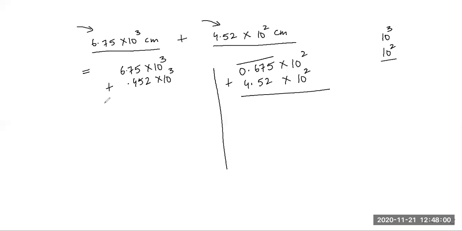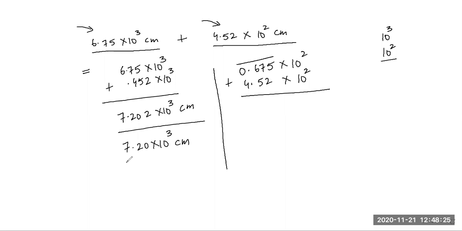Very right. So this will be 7.202 into 10 raised to power 3 centimeter. Right? Now, you see how many decimal places are there in this? 2. Here also 2. So here also there should be 2. So it will be 7.20 into 10 raised to power 3 centimeter.